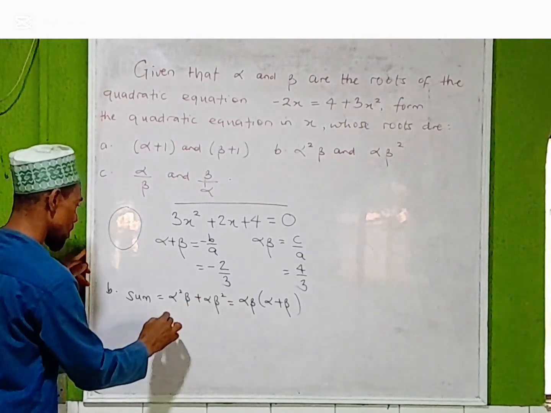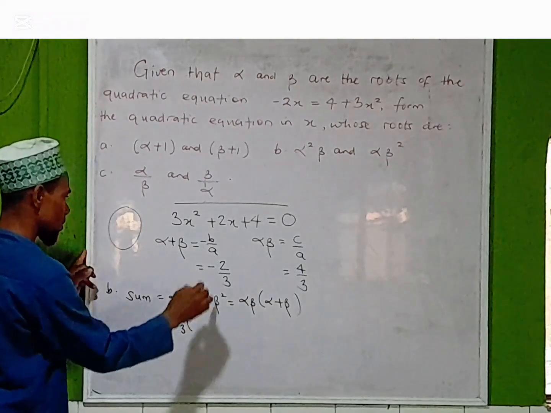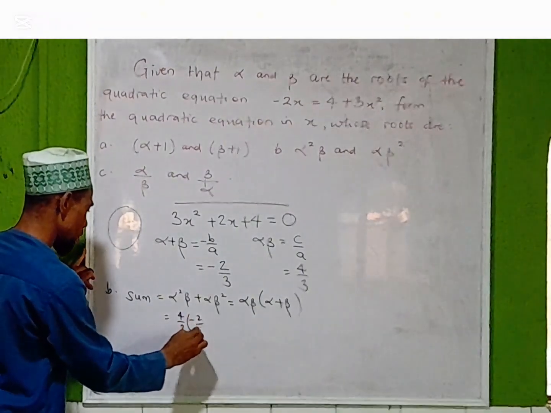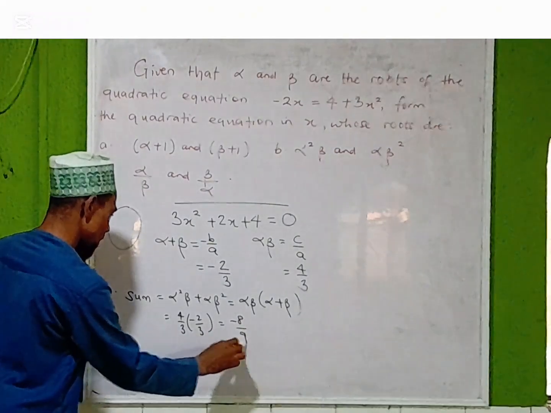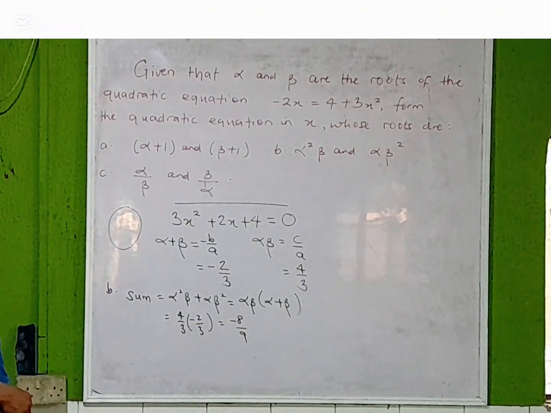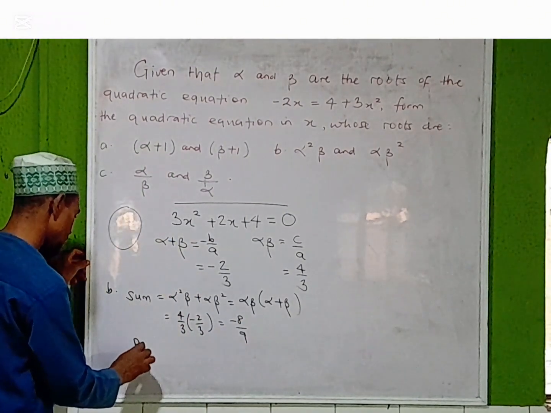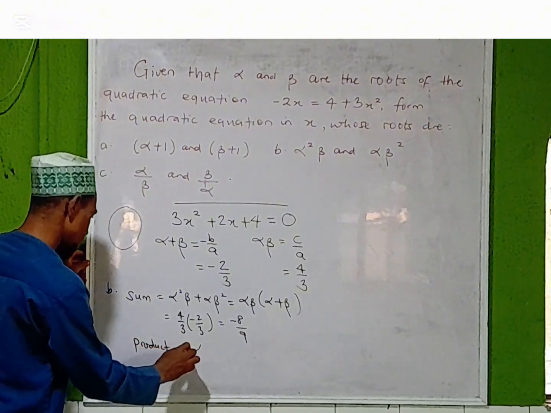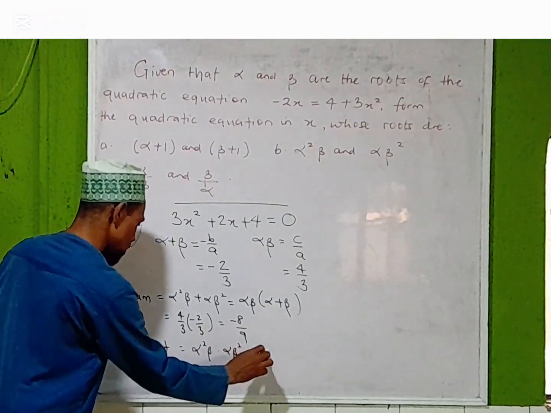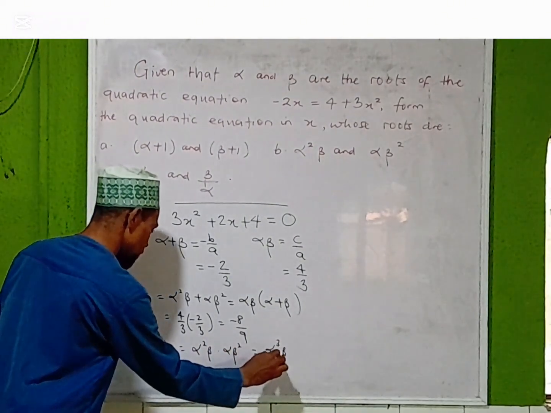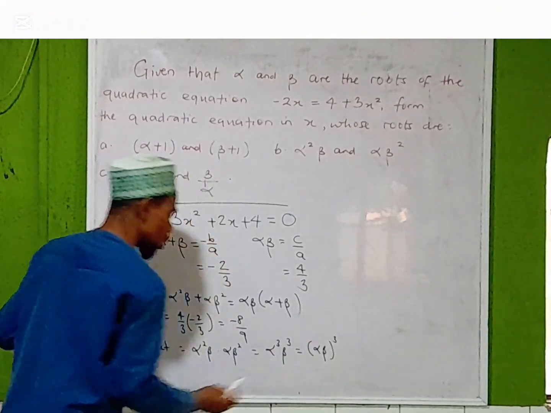So alpha beta is 4 over 3, that's the product. Alpha plus beta is minus 2 over 3. So the sum here is minus 8 over 9. What then is the product really? The product of the same roots will be alpha squared beta times alpha beta squared. And that gives alpha cubed beta cubed, which in other words is alpha beta all cubed.